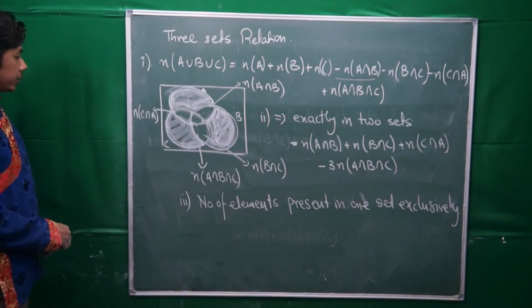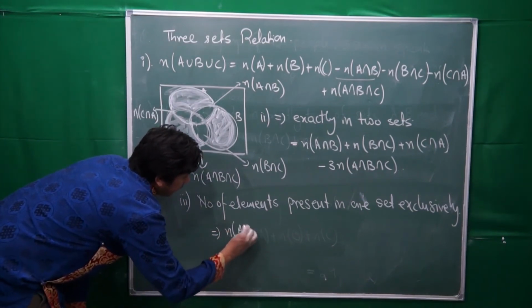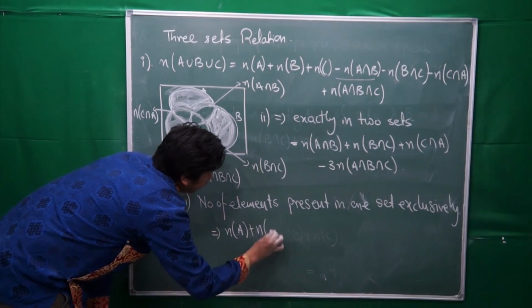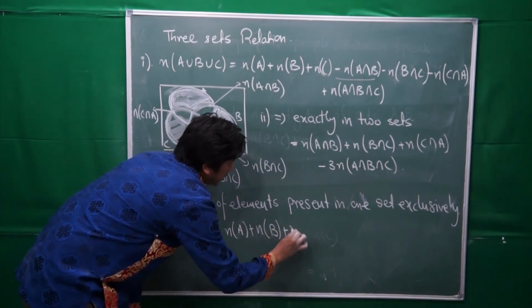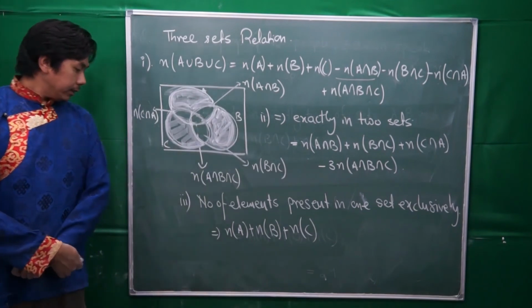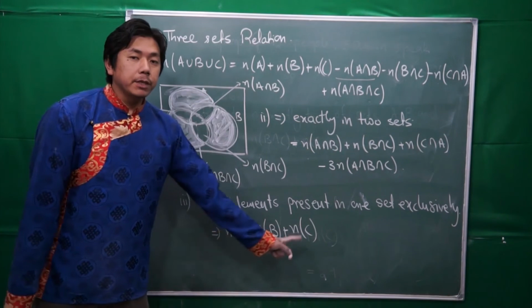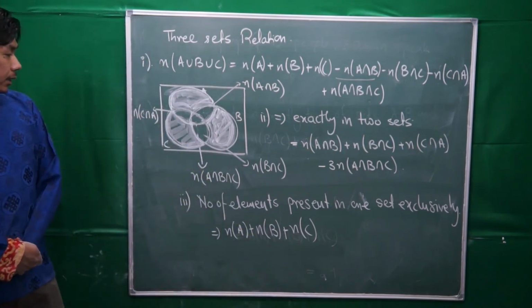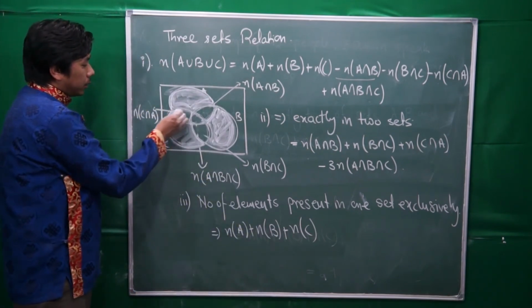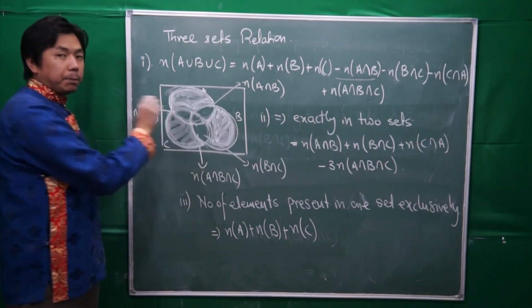So to find this, I'll add up first number of A elements plus number of B elements plus number of C elements. Okay. Clear? So when you add number of A plus number of B plus number of C, what you see is you are adding this whole part and this whole part as well.